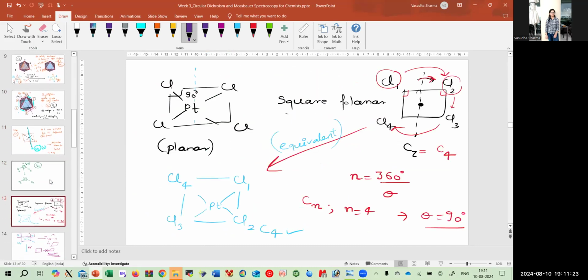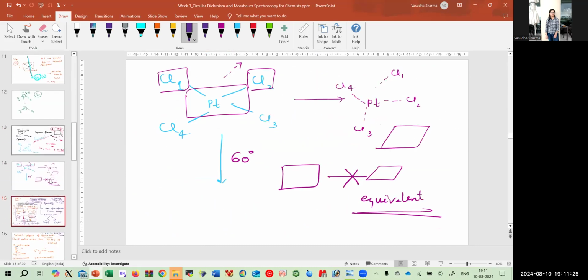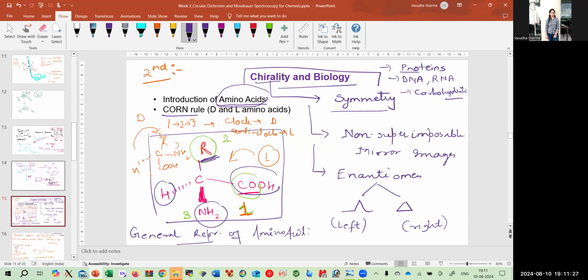When we had done this, we saw the chirality and symmetry combination, how it gives mirror images, which chiral point groups there are, and what enantiomers are responsible for chirality, and chirality's relation with biology, as many biological molecules, proteins, DNA, RNA, carbohydrates, contain chirality because of the amino acids.